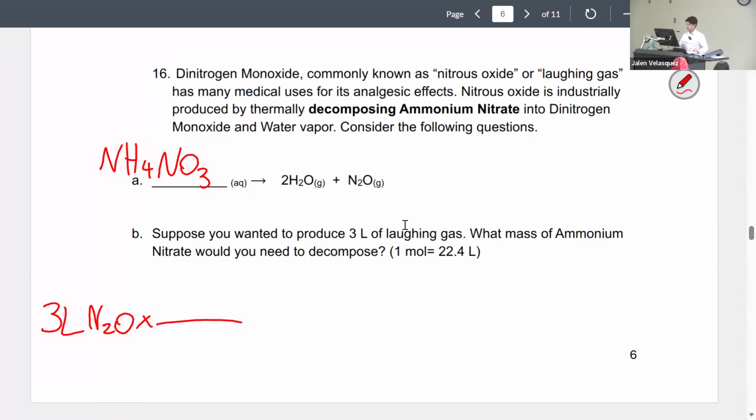So is this unit liters any use for me? So like yes and no, right? I can't do any conversions with liters, but I can do conversions with moles, right? So I want to get rid of my liters and I want to go to moles.